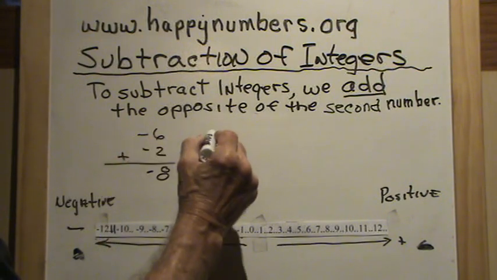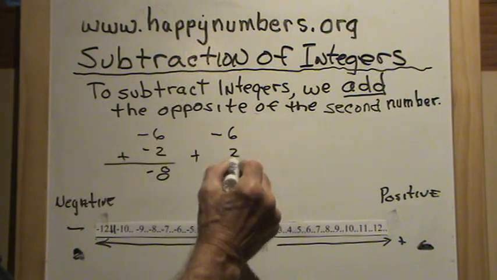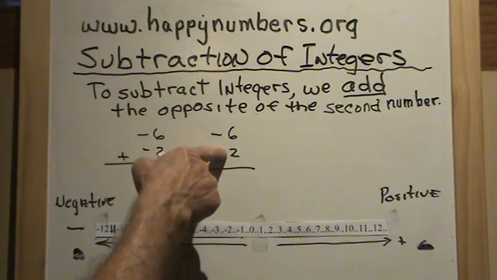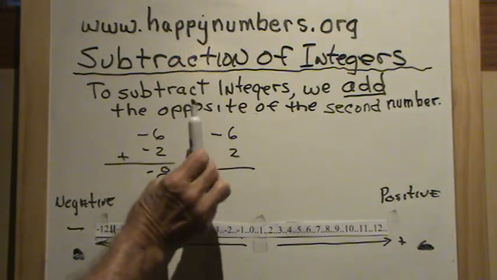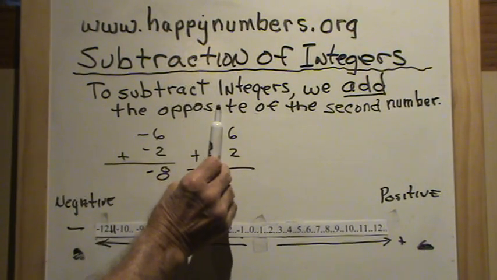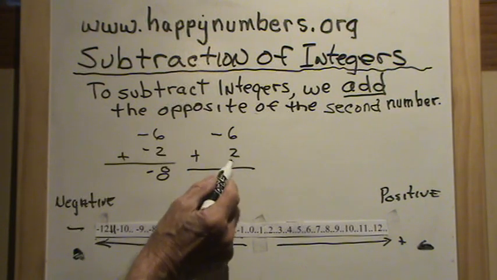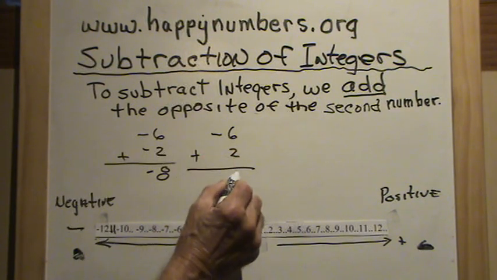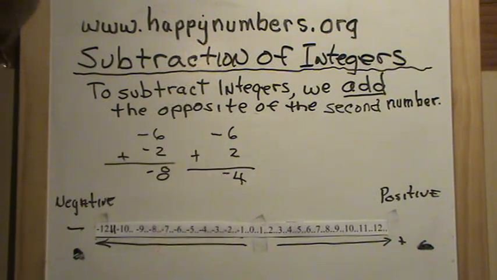If the signs were different, negative 6 plus a positive 2, and that's positive, we don't write it because it's positive, there we forget about the signs and we subtract the smaller number from the larger number. So if I take 2 away from 6, I have 4, and we use the sign of the larger number. So we need to keep these concepts in mind.